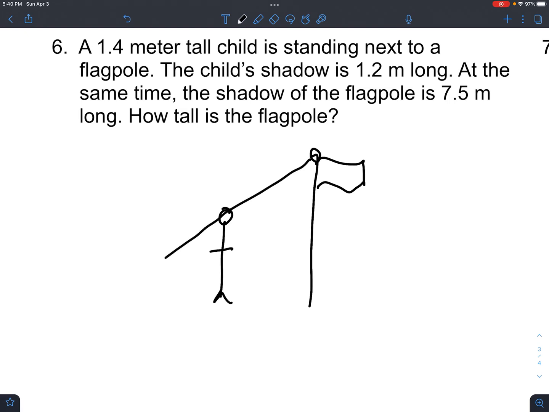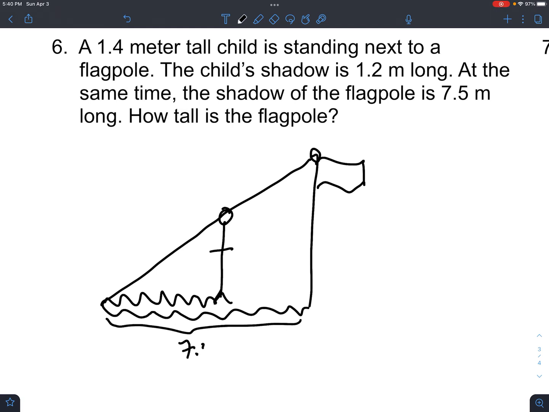So if the sun is casting a shadow like this, the child's shadow is here, and the flag's shadow is here. You see? It's telling us that this length is 7.5, and the child's shadow is 1.2.